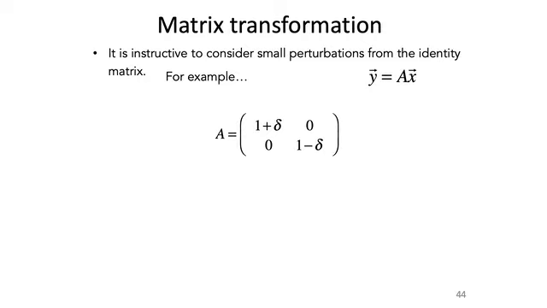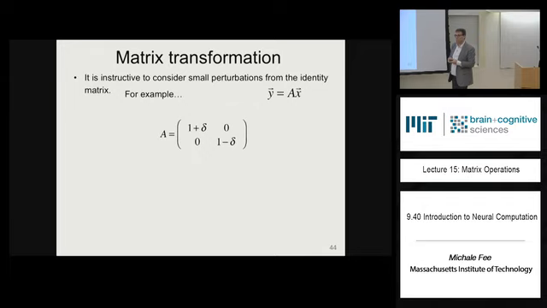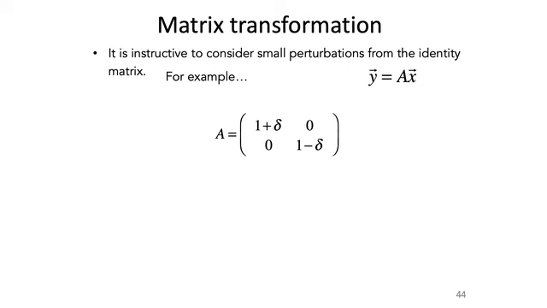About this, what is that going to do? Maybe stretching the x direction and compressing. Right. This perturbation here is making the x component larger. This perturbation here, and delta here is small, it's less than 1, is making the y component smaller.